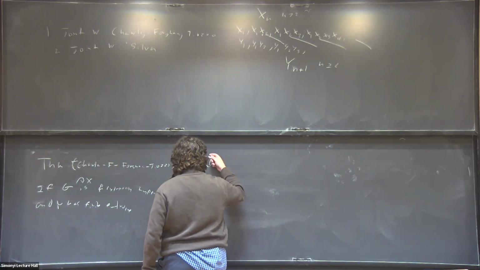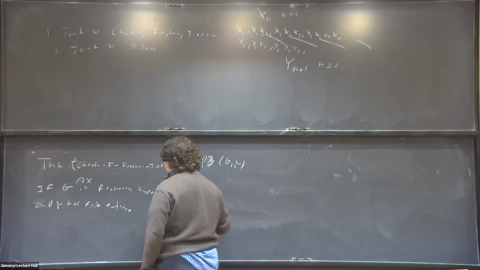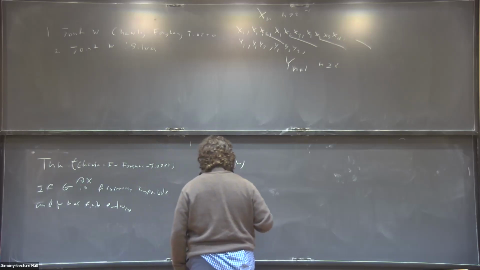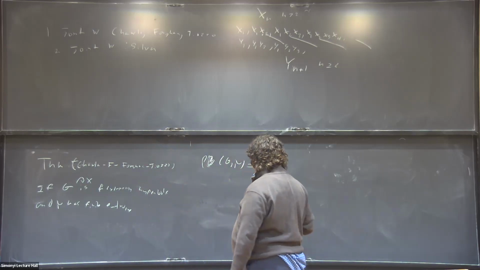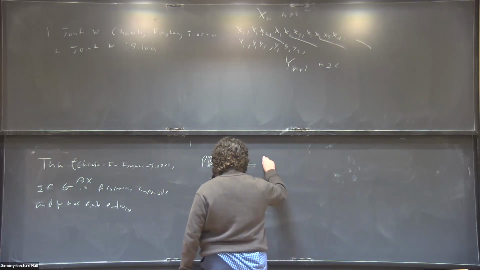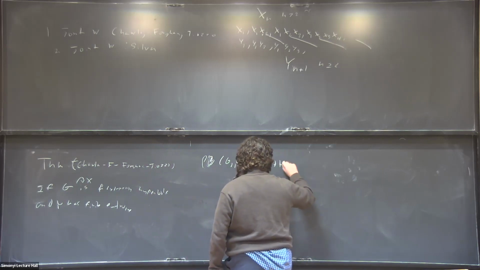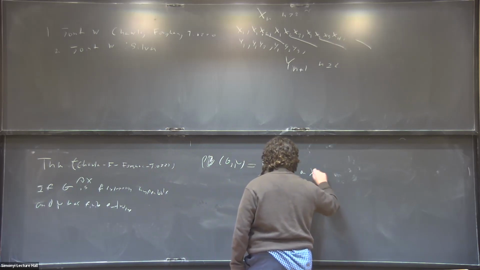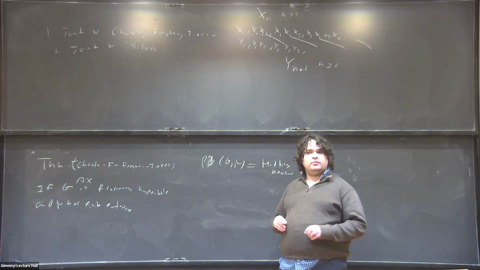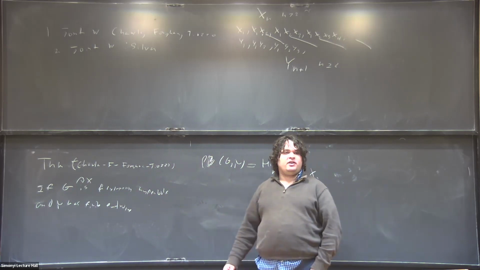Poisson boundary of G, mu is going to be the hitting measure on X. So we do still need finite entropy here.